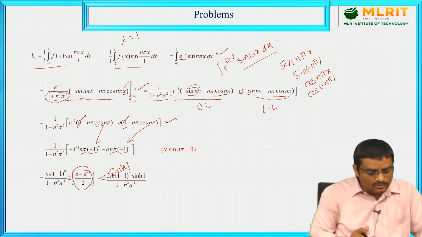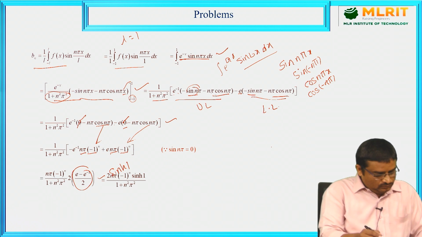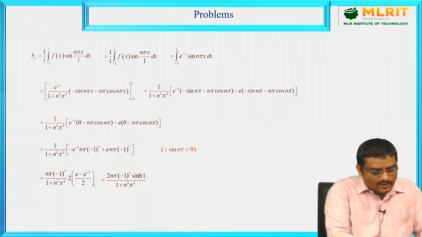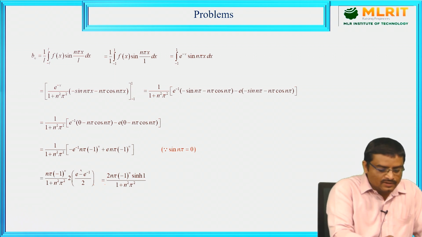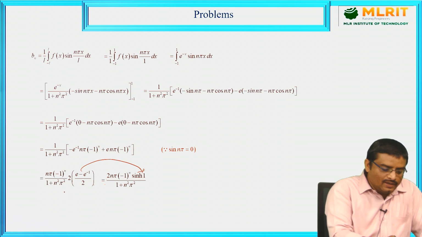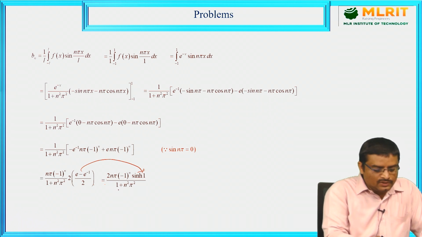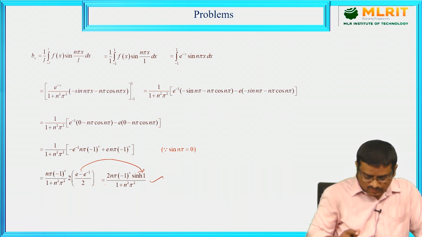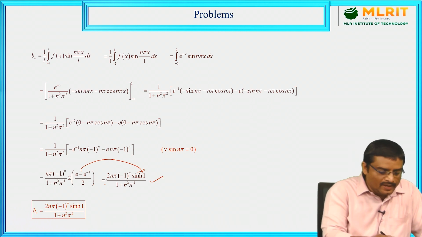So finally you will get this value equal to 2 n pi minus 1 whole to the power of n. This can be written as hyperbolic function sin h1 by denominator 1 plus n square pi square. So this is our final Bn value here.